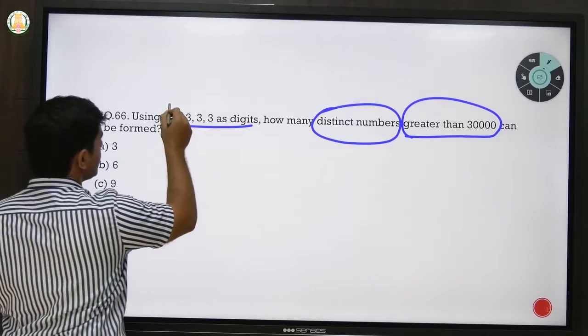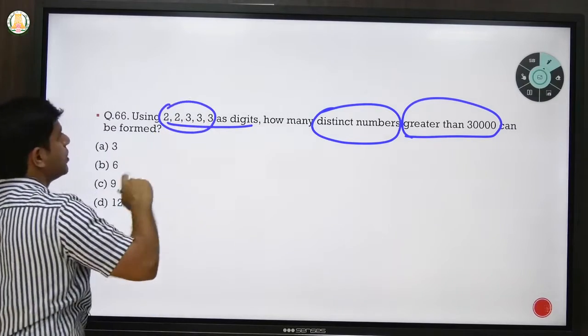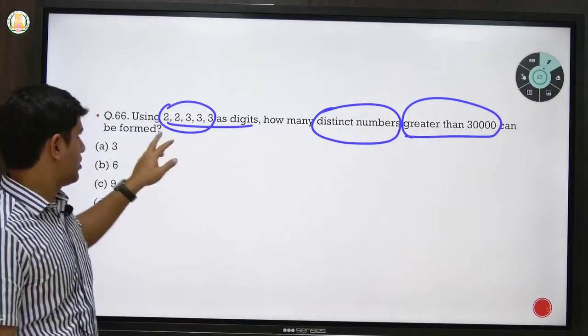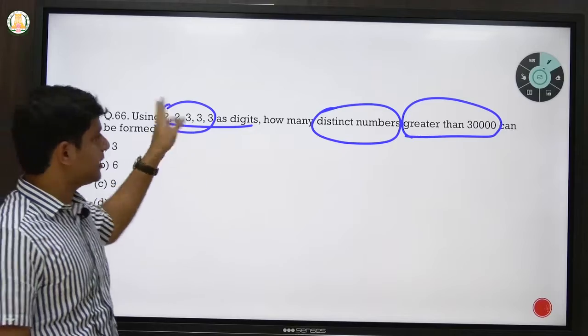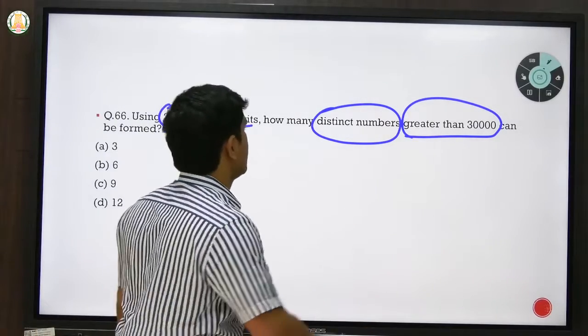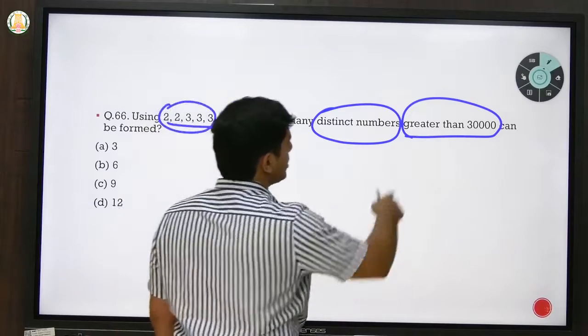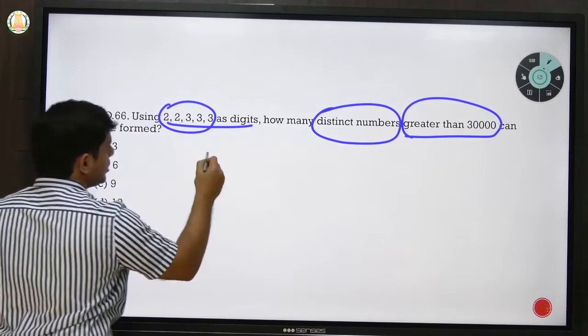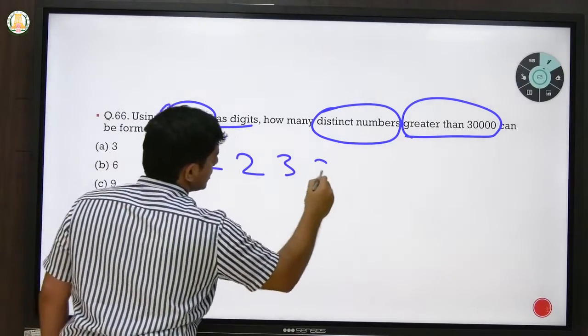Here he has clearly given 5 digits: 2, 2, 3, 3, 3. Using only these 5 digits, 2 you have to use 2 times and 3 you have to use 3 times. Distinct numbers means how many different numbers can you find which are greater than 30,000. So basically you have to arrange these digits.